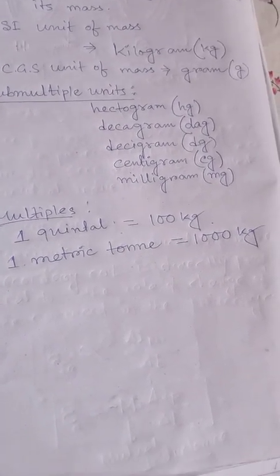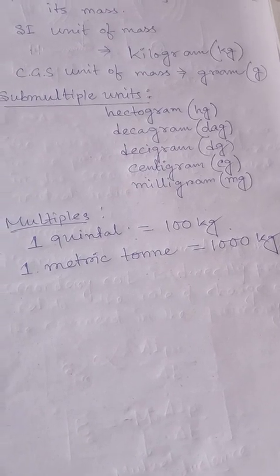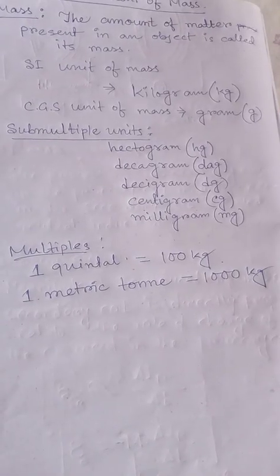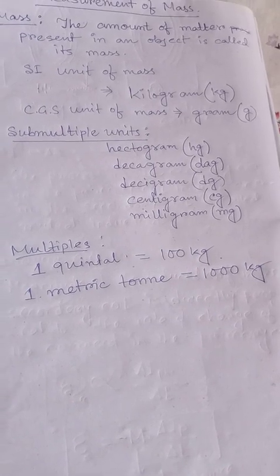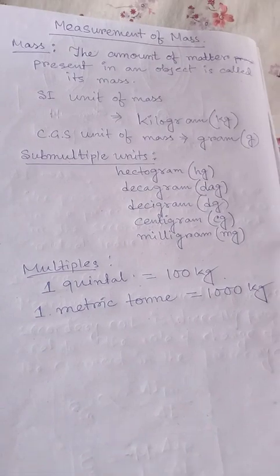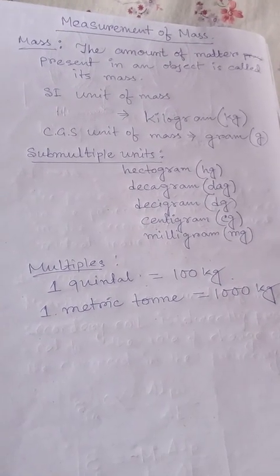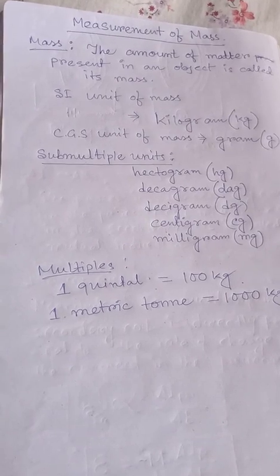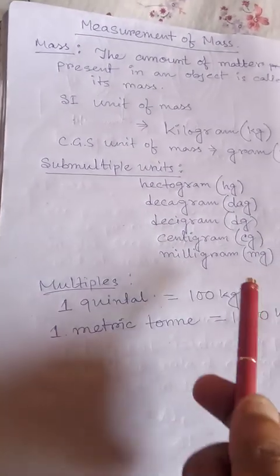When we measure a heavy mass object, we use this type of unit, quintal, metric ton. And when we measure smaller mass objects, we use units like hectogram, decagram, decigram, centigram. When you measure the mass of a small particle, small medicine, we use the milligram unit.